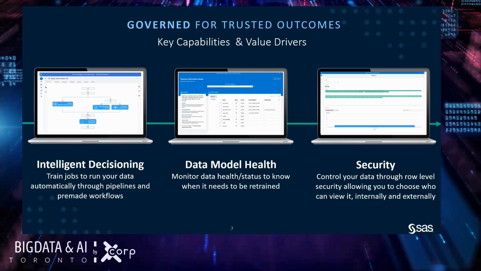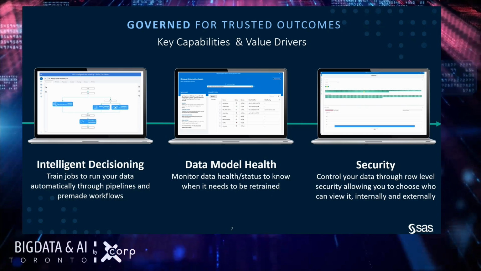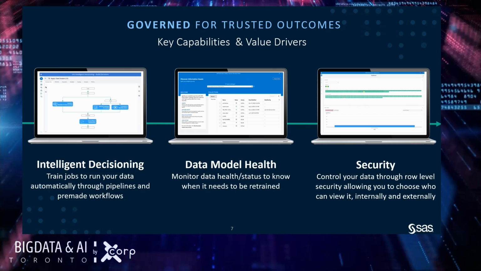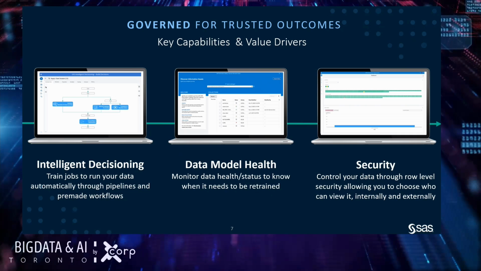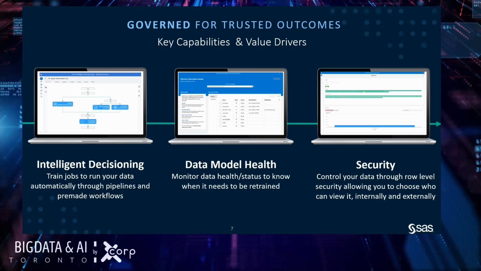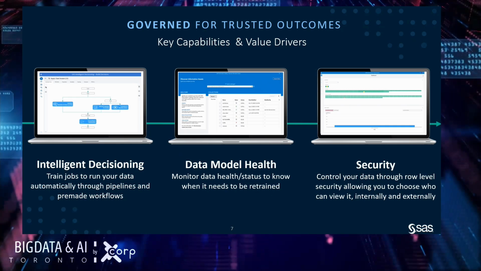And then lastly, security. In order to control your data through row-level security, you can choose who can view it internally and externally. This is something very popular with customers. A lot of them have customers who want to come into SAS Viya and view it externally, but a lot of the data, you don't want other people reading.